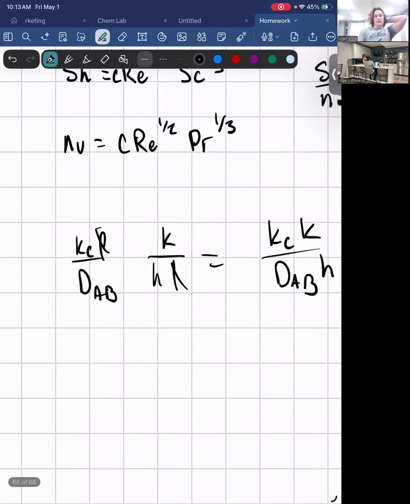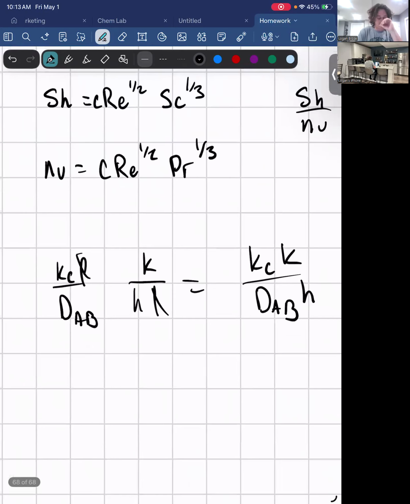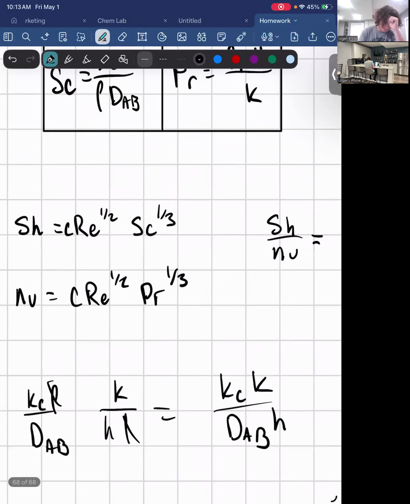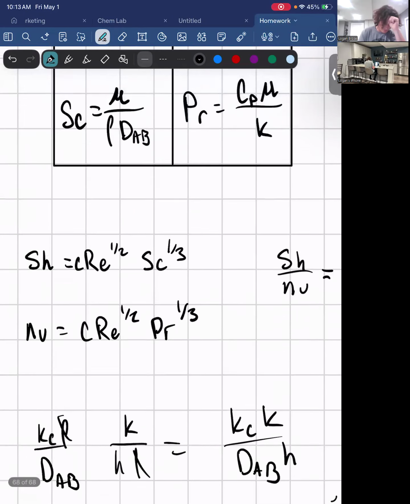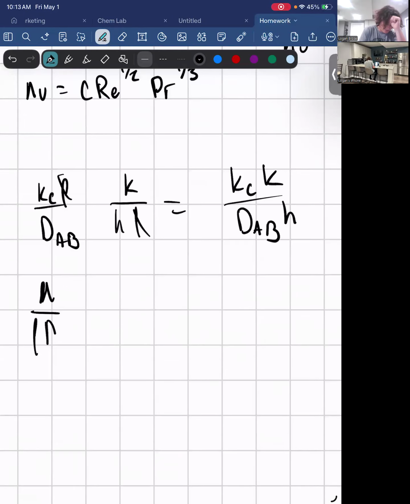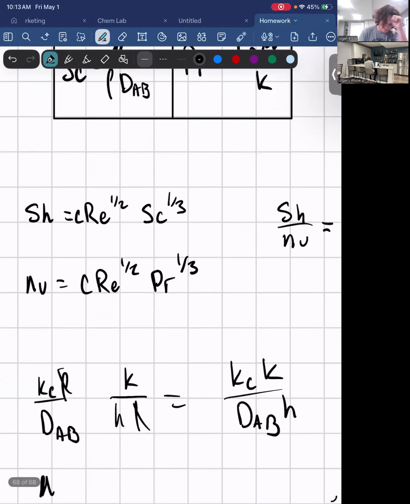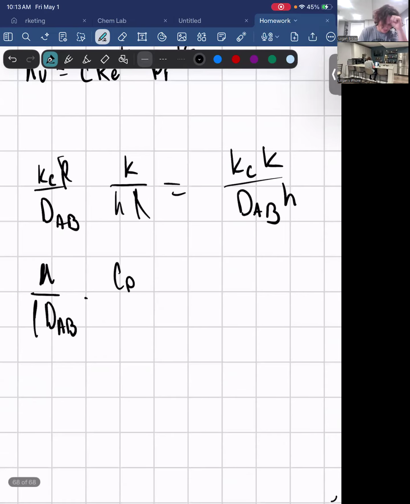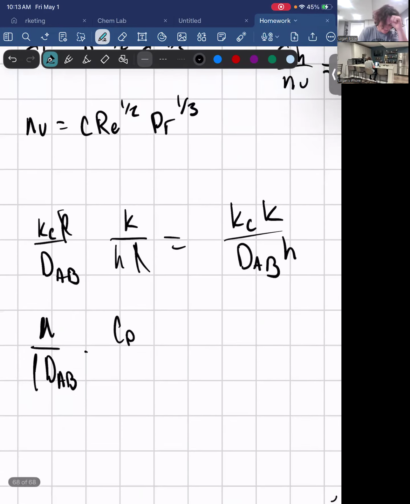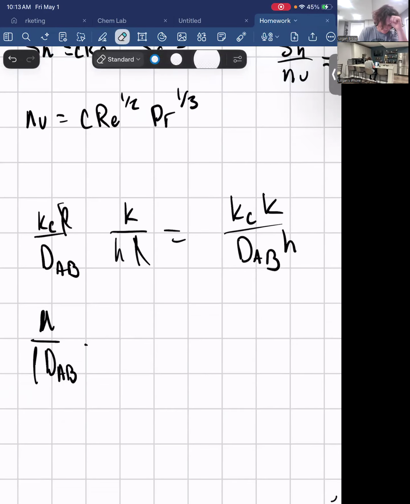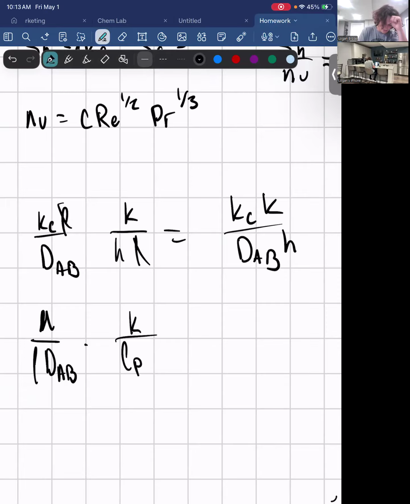And then we can do the same thing for the other side and get mu over rho DAB times K over CP mu.